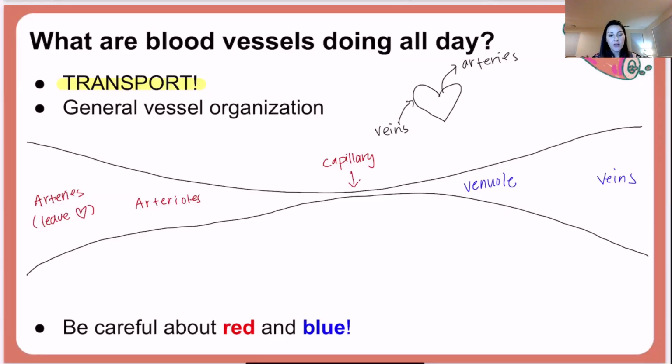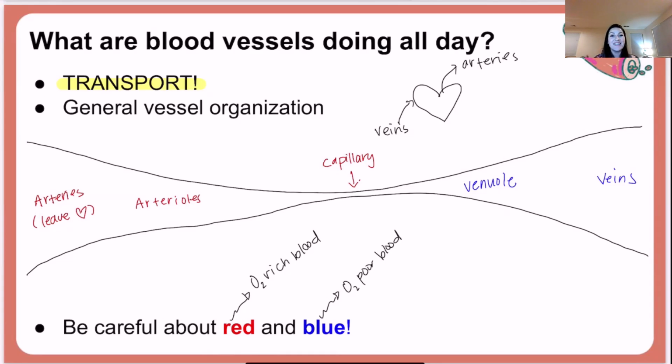Okay, so I know that I've drawn things in red and blue to denote arteries and veins, but what I really mean about red and blue, we talked about it before, is that red is indicating oxygen-rich blood, and blue is indicating oxygen-poor blood.